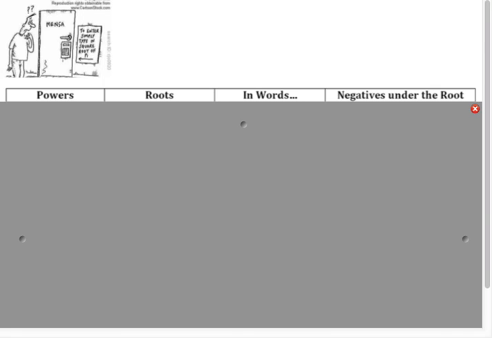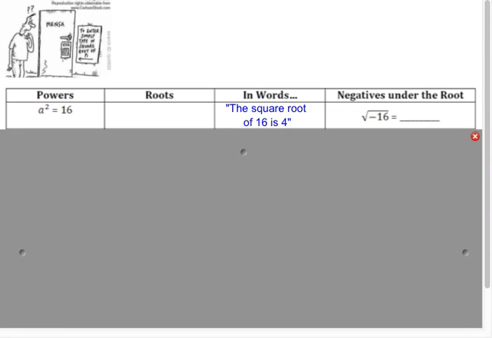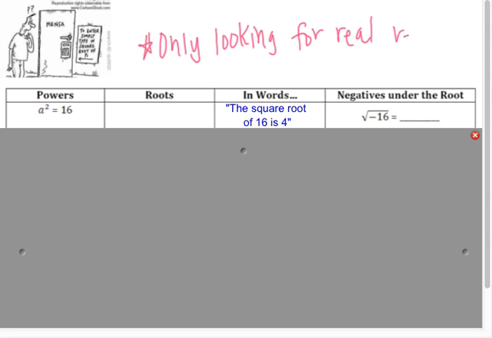So we have our powers. Let's go ahead and look at the first one. We have the powers. We have a squared is equal to 16. So the roots. Okay, one thing that we're going to point out is today we are only looking for the real roots. So no complex.